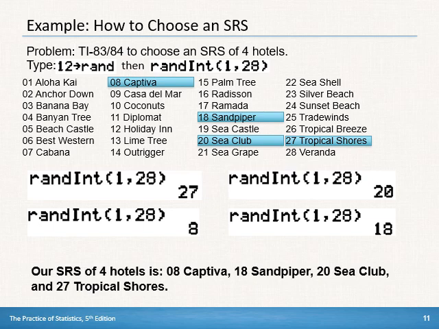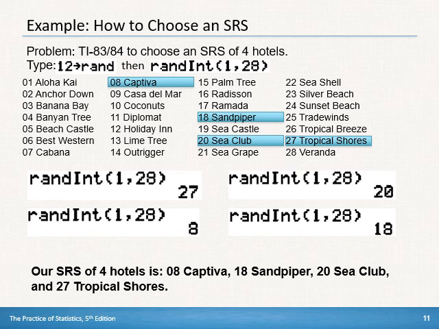Now notice we generated our numbers with a random digit generator on our calculator. We got 4 different hotels. Actually, I guess 20 got repeated, but that's fine. Every time you run another sample, you pick another 4 random numbers, and you're going to get 4 different hotels.